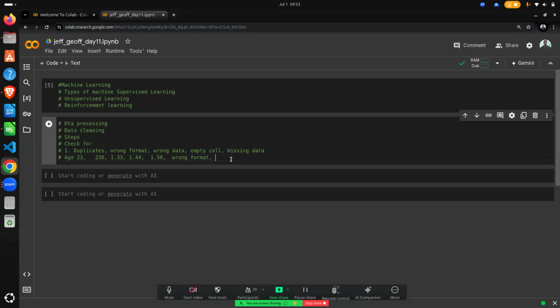Now, I will intentionally make sure that some of your data contain a timestamp. A timestamp is like time or date. Let's say today is the 1st of July, and that is 7 of the year 2024.